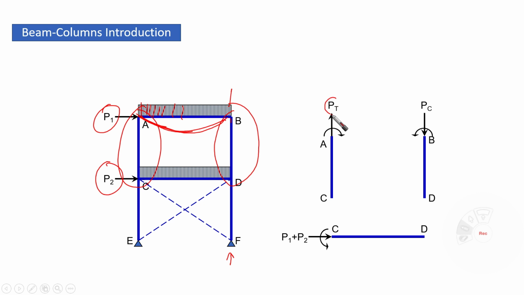The first one is related to the axial forces, whether tension or compression. In this case, we are going to have tension here because of the direction of the lateral load.